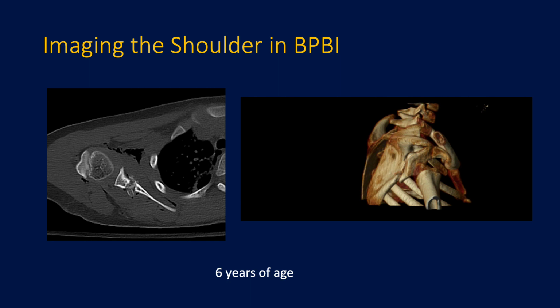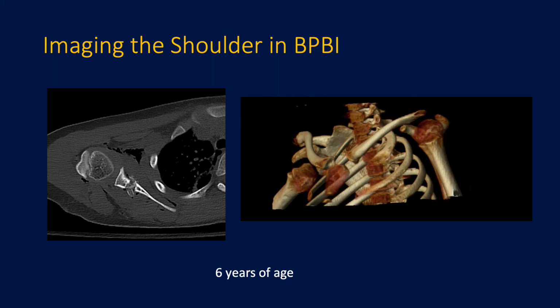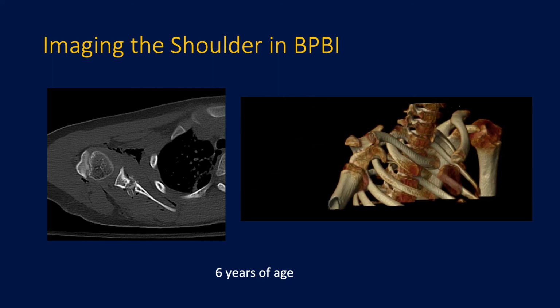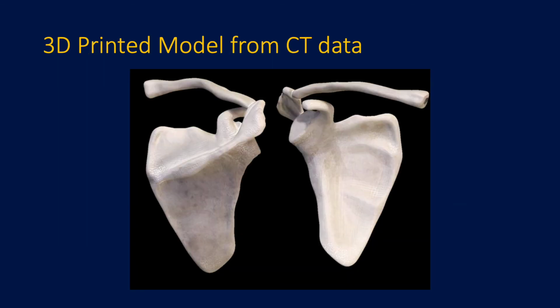This child, unfortunately, did not have a good outcome from splinting at a younger age, and at 6 years of age went on to have a wedge osteotomy of the scapula, which improved the function of the shoulder. And of course, we can now produce 3D printed models of the scapula for the surgeon prior to reconstruction from the CT data.